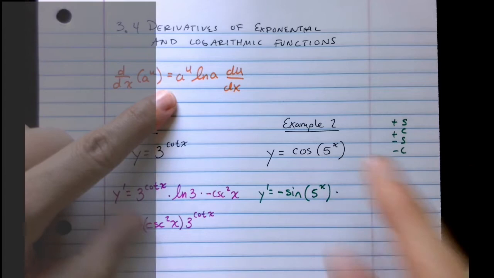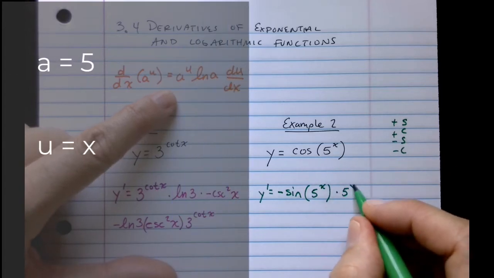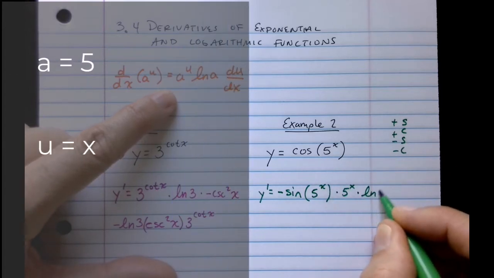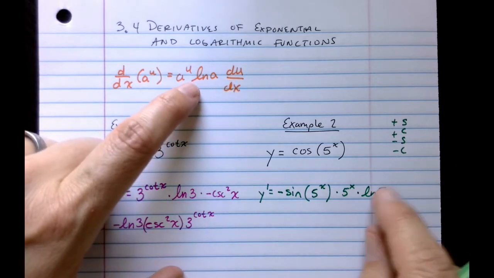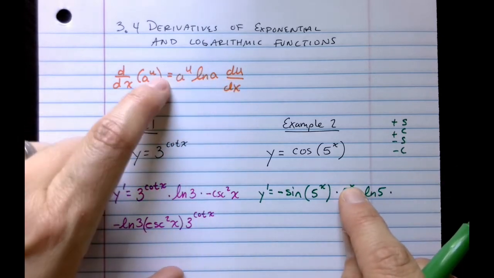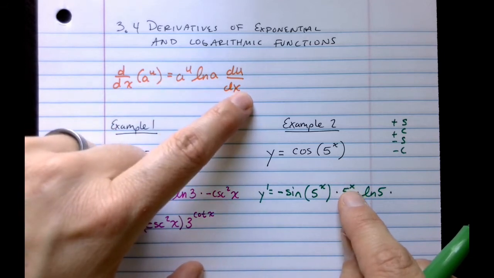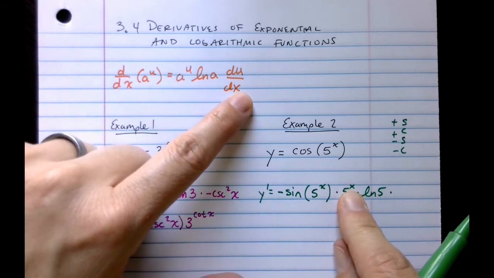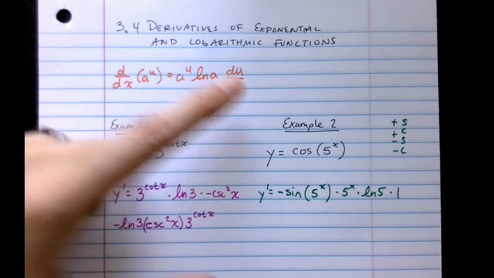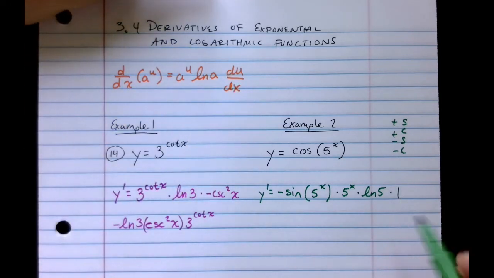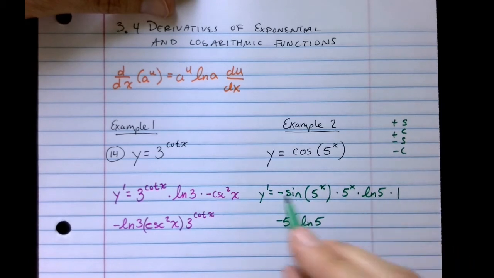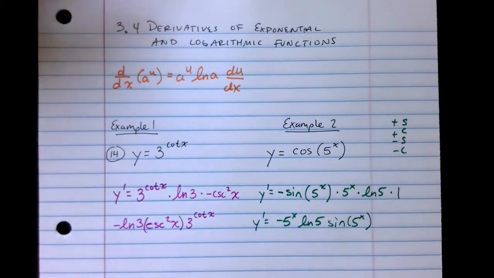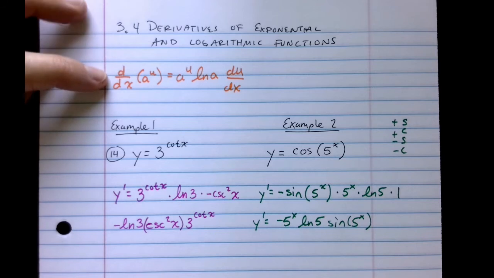The derivative of 5 to the power of x is itself, 5 to the power of x, times the natural log of 5 times the derivative of its power. That's the u. See, that's the du dx. Well, the exponent is just an x. What's the derivative of x? 1. So you can do a little cleanup here. So this is an example of your exponential derivative.